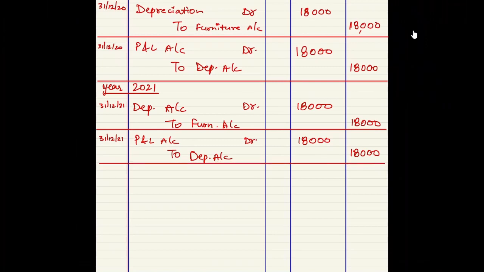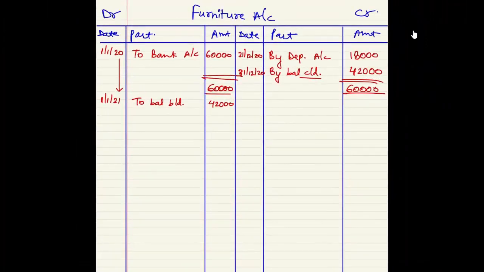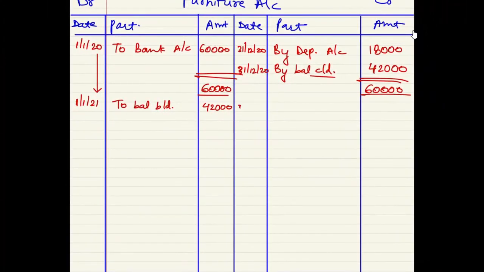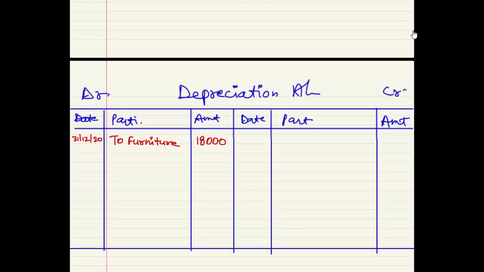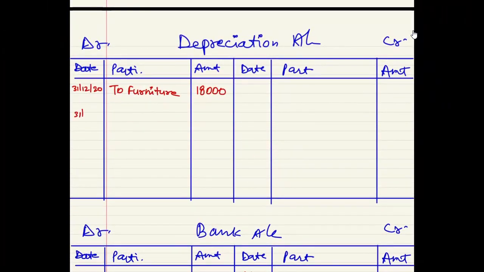So for the accounting treatment, what will we do? Now again in the furniture account, we will charge the depreciation on 31st of December 2021 by depreciation account. How much? Sir, 18,000. In the depreciation account, I will again write 31st of December 21 to furniture account 18,000.